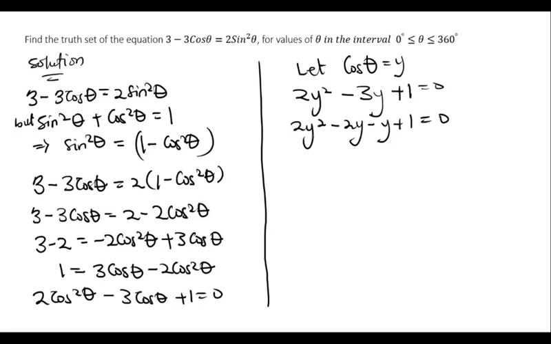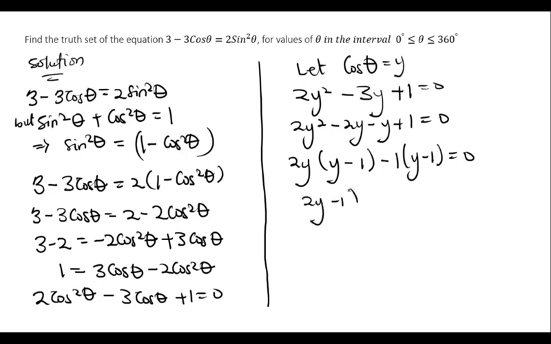So over here we have 2y common, so we factor out 2y, and we have y minus 1, then minus 1 outside the bracket, then we have y minus 1 is equal to 0. So from here we have 2y minus 1, then y minus 1 is equal to 0.